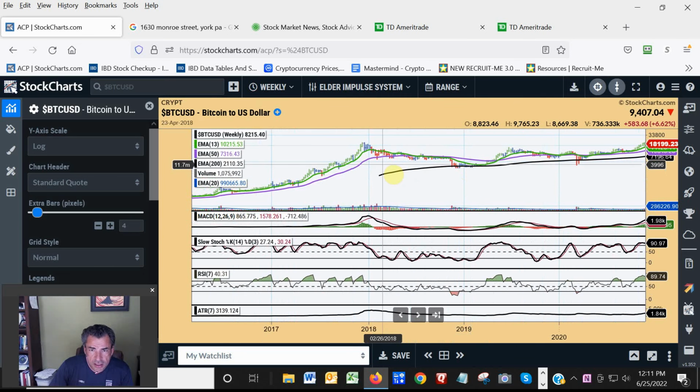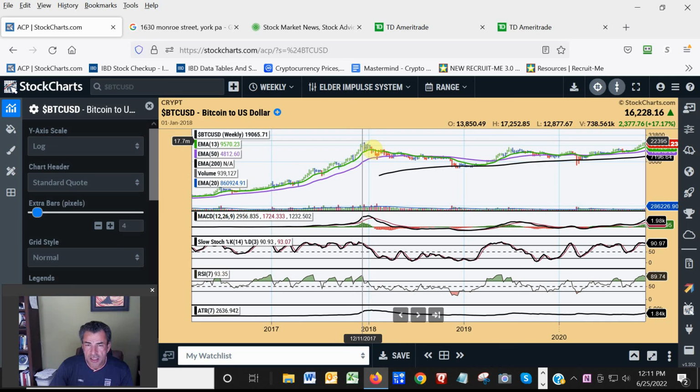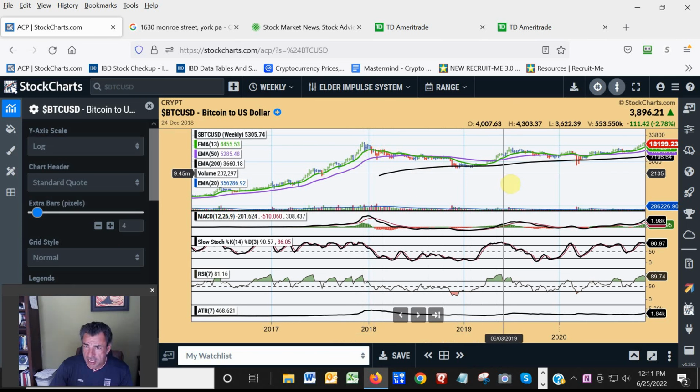What was the high? The high was 19,870. Okay, and then it gave away some of those gains, but then it tried to go back up to it. It didn't quite make it. The highest it got was 13.8.